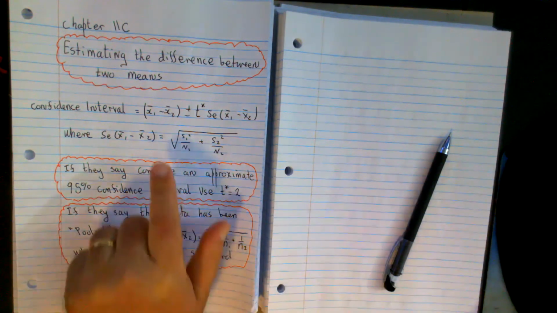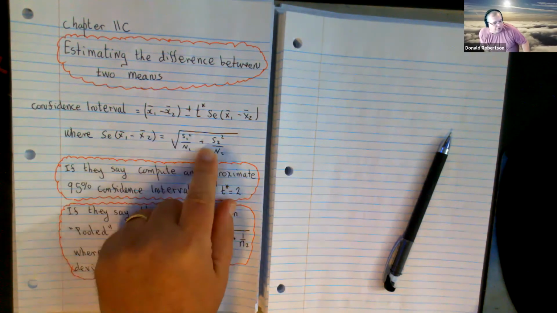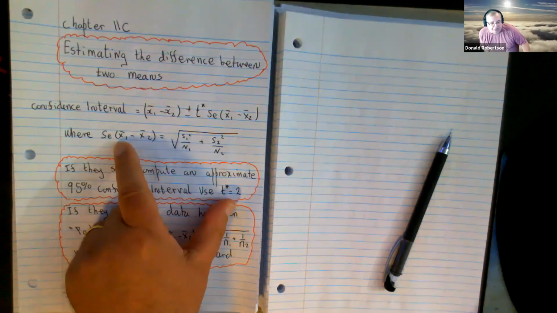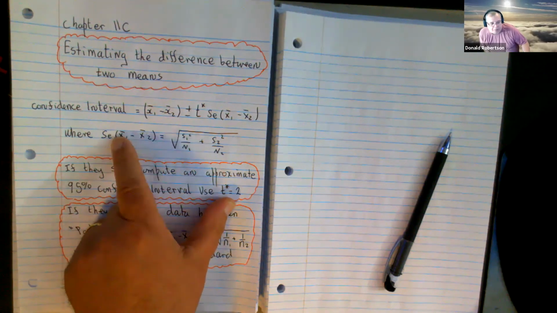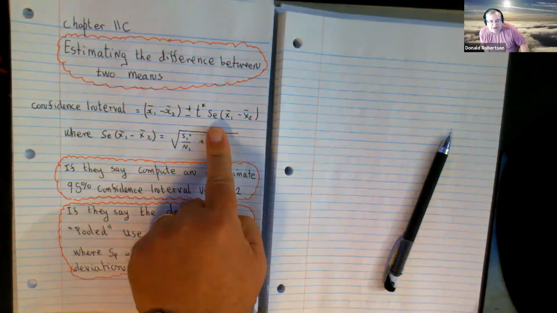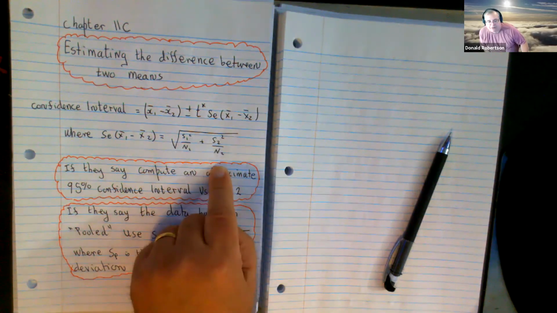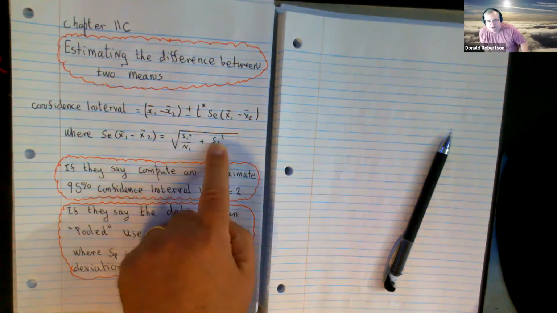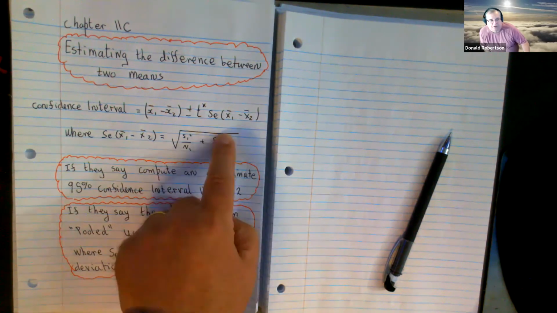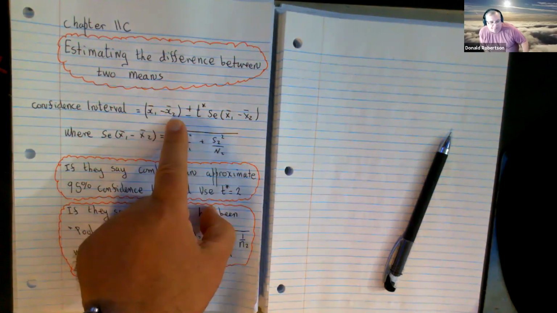The one that we are going to be doing, and this is the general one that gets used the vast majority of the time, is this one. So the standard error of the difference between two sample means is the square root of this guy. In fact, if I cover this guy up and you tidy it up, isn't it the same as S over square root of n? So it is just like the first one. But because you're adding them together, you kind of stick them together. So that's why they're squared here and the two things are added. And that's the formula for the standard error for the difference between two means.